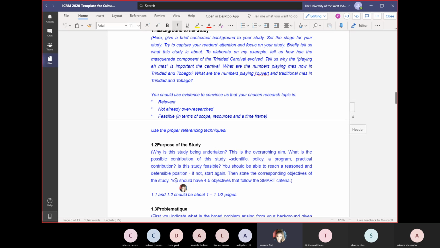It says use proper referencing techniques, so that in talking about the major culinary festivals in the Caribbean or in Trinidad, you could pull that from a source online and you reference it. Does everybody understand? You could say according to the Caribbean Tourism Organization, or according to the Trinidad Express or the Jamaican Mail, wherever you may find it.